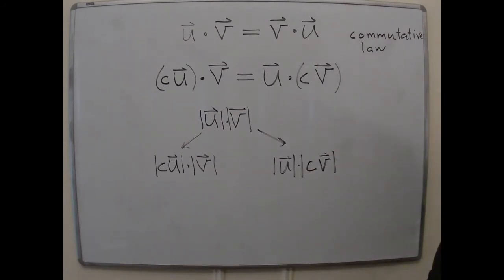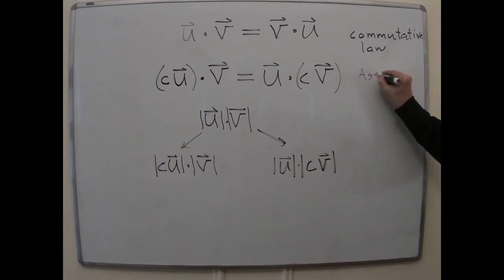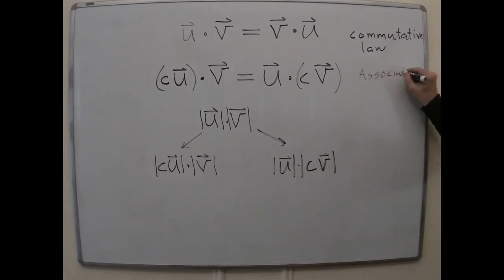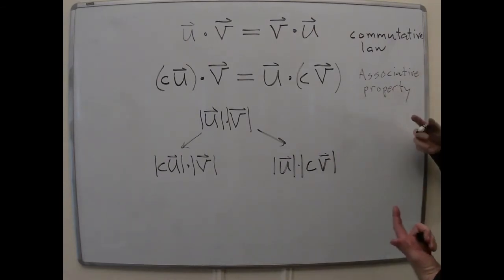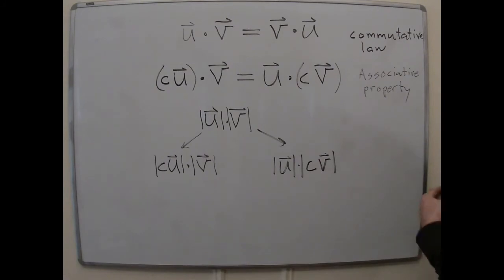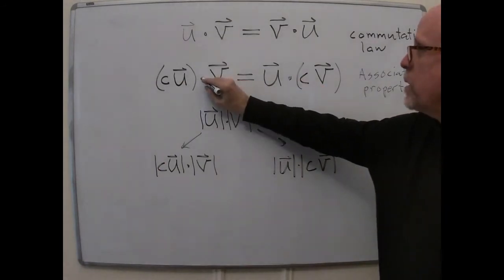I have an issue. In our textbook, they call this the associative property. And the problem with that is associativity is a property that an operation may have or may not have. But this thing that we're looking at is not one operation. You see, those dots right there are dot products of vectors.